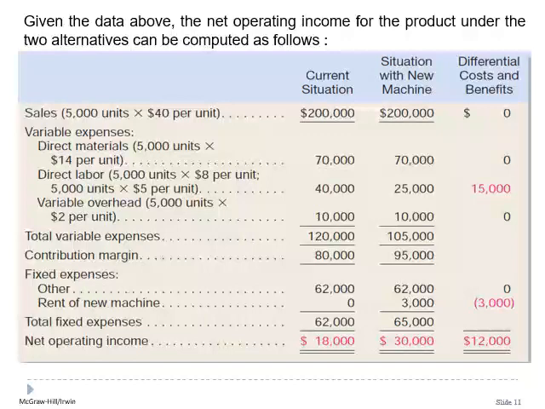Because the sales revenue are exactly the same, they have no effect on the difference in net operating income between the two alternatives. That is shown in the last column in this table, which shows a zero differential benefit. If we look at the sales, the sales between the two alternatives are the same, so the differential cost and the benefits equal zero.